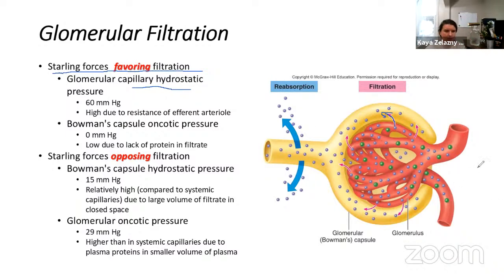So pay attention to which one's wider and which one's narrower. The wide one on our previous slide, I think, was on bottom, but here it's on top. Maybe they're consistent, but the wider one is always your afferent arteriole in these drawings.